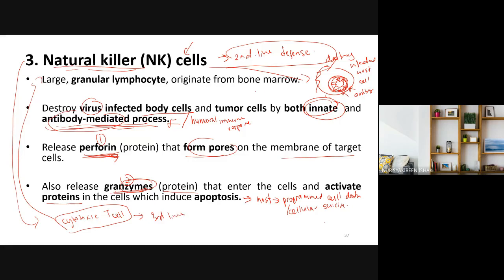Okay, the mechanism posed by the cytotoxic T cell is more specific. It destroys infected cells that are infected by a specific virus. Tapi kalau yang ni more generalized, in a generalized way, macam tu. Dia tak specific. Okay, innate.